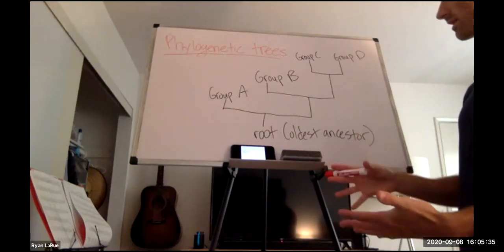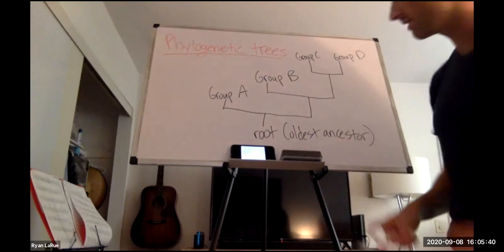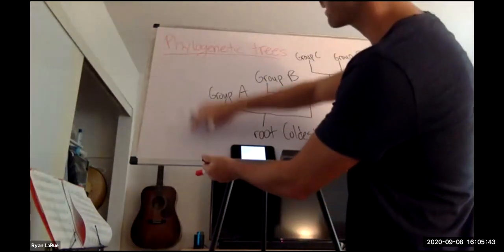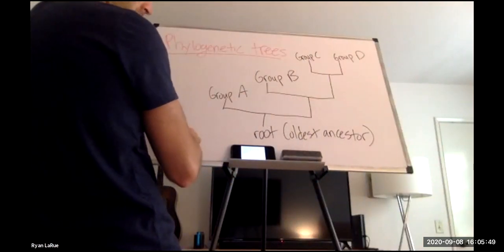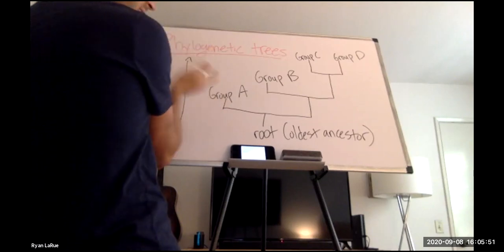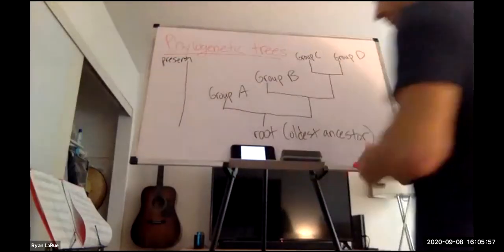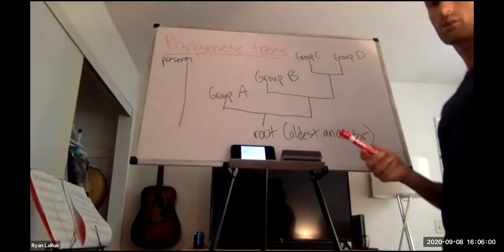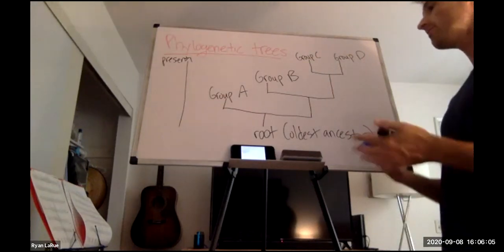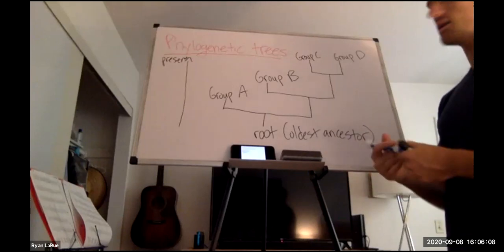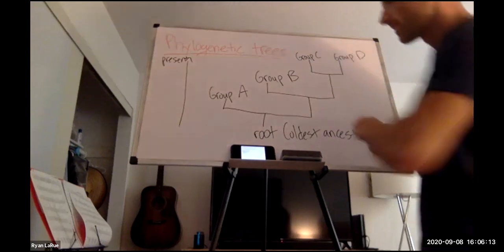So the way these work, you have these different groups, and the way they're constructed, the first thing I'll tell you is that as they extend vertically, it's time. So this is in the past, and then we extend upward towards the present. This is the present. And then we also have these shared traits, and it explains why we categorize the groups the way we do.